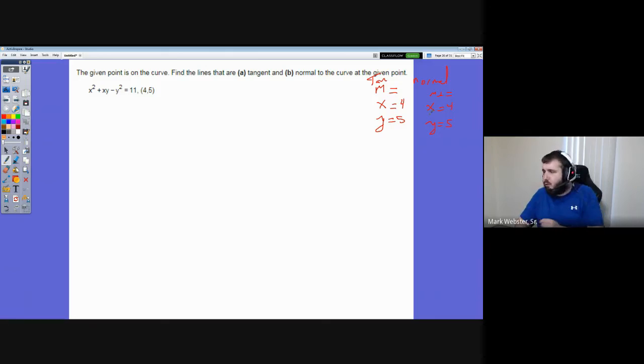Do this first. Get all this out of the way. So all you have to do is find what m is, and then the opposite reciprocal to find what this is, and then you can make your lines. So derivative, derivative, derivative, derivative.